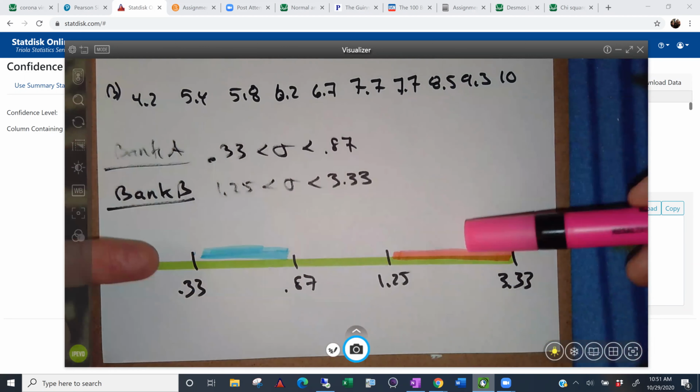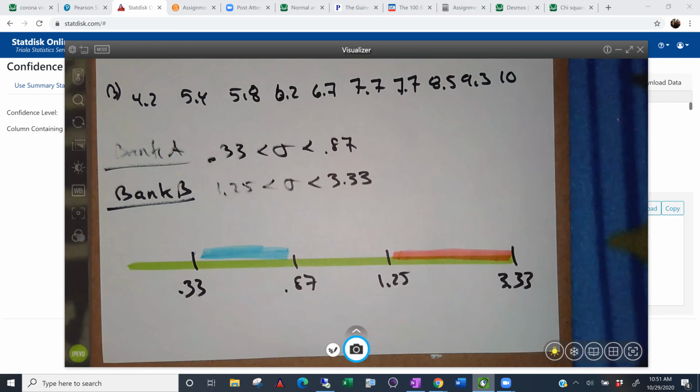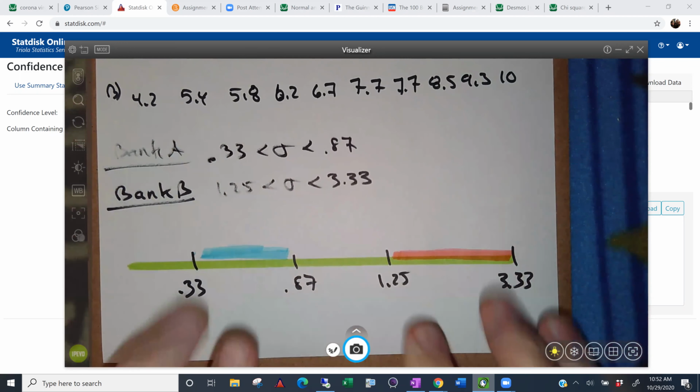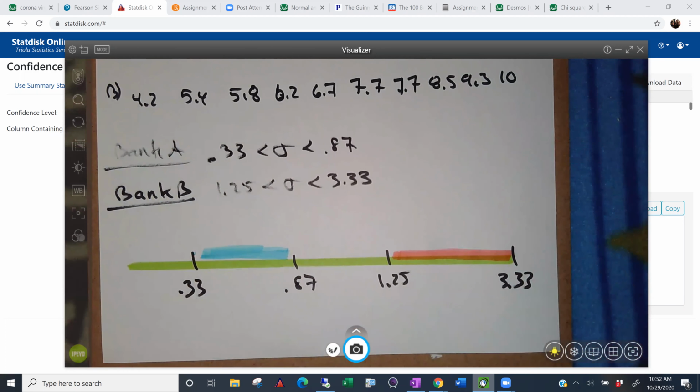Are these significantly different? Yes, because they don't overlap. So there's a statistically significant difference. Now, I'll finish this up. Part C is asking you about the difference between these two. Yes, there's a statistically significant difference.